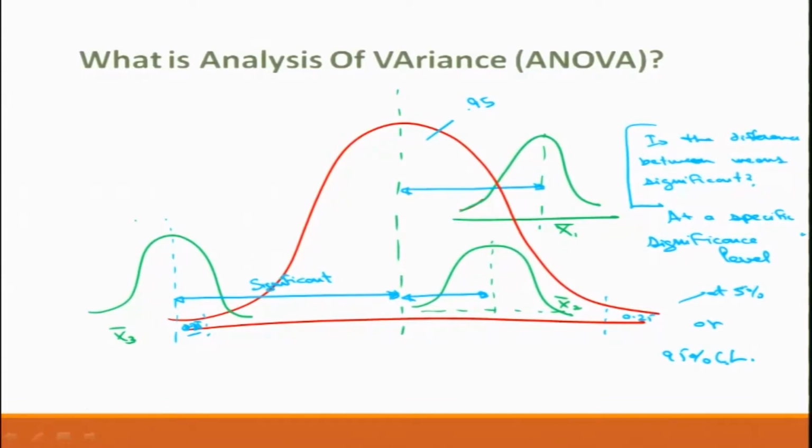This is 5% significance level. So, is this mean away from or falling outside my population mean? That means there exists a significant difference of means.